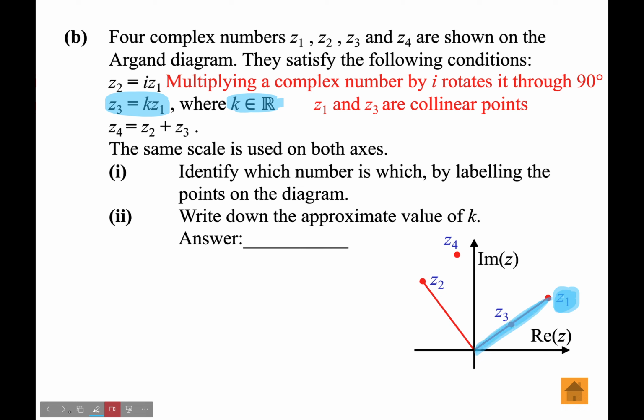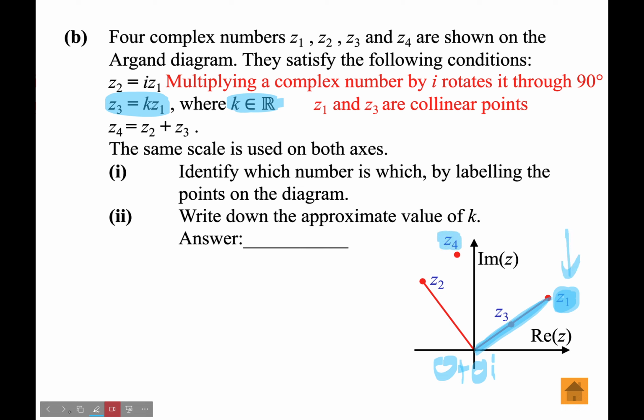In this case, Z1, Z3 and the origin, 0 plus 0i, are collinear. So it either moves it further out or brings it closer to the origin. So in this case, Z3 and Z1 are the only points which are collinear with the origin. Therefore, this guy here has to be Z1.